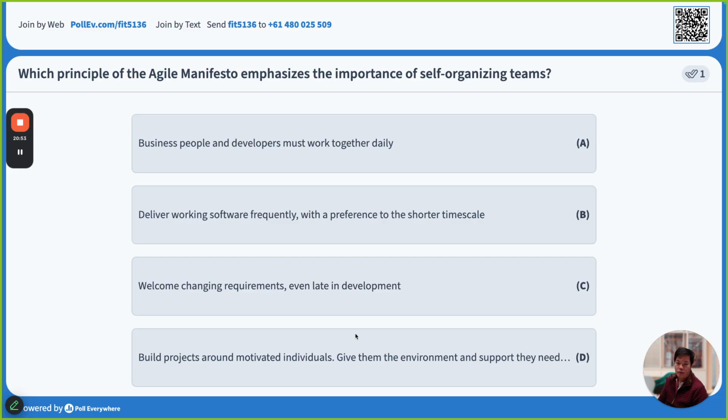Welcome changing requirements even late in development. Build projects around motivated individuals. Give them the environment and support they need. So, what is the right answer? I highly recommend we need to be quick. Try to complete within a few minutes.